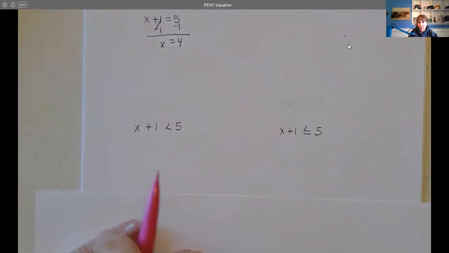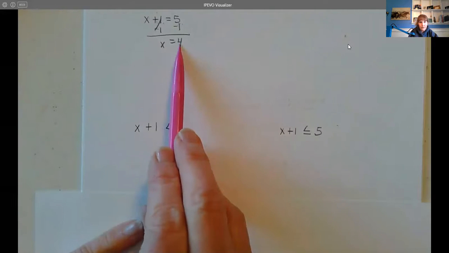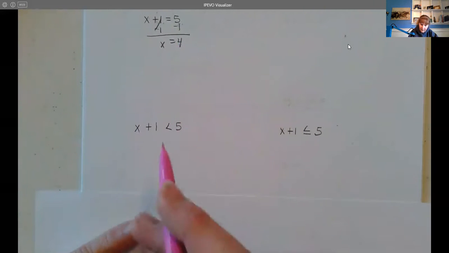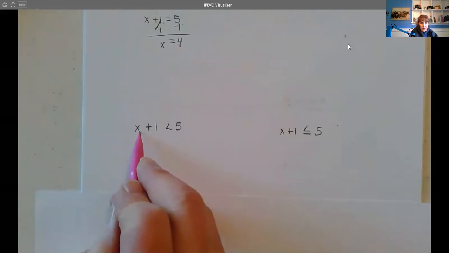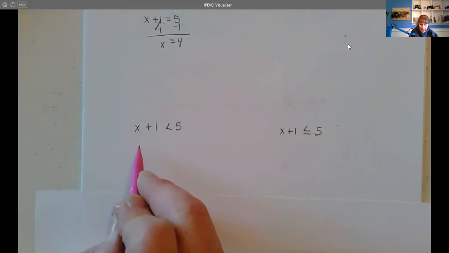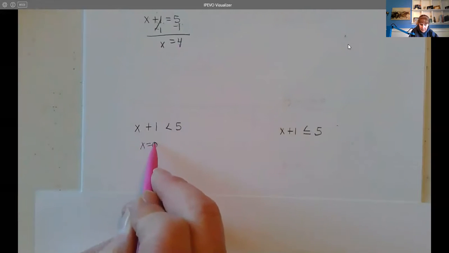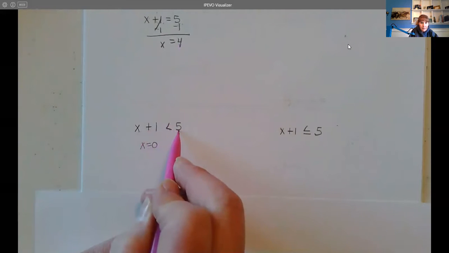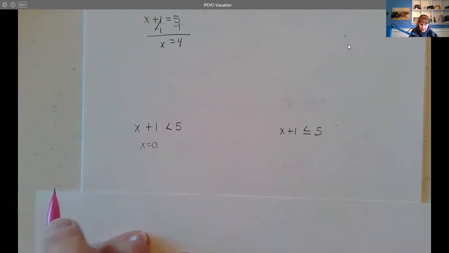So we have more than one answer now because, here we just had one, x can be 4, solving this equation. But what happens if I were to put in 0 here? Could x equal 0? 0 plus 1 is less than 5 because 1 is less than 5. So 0 is an answer.